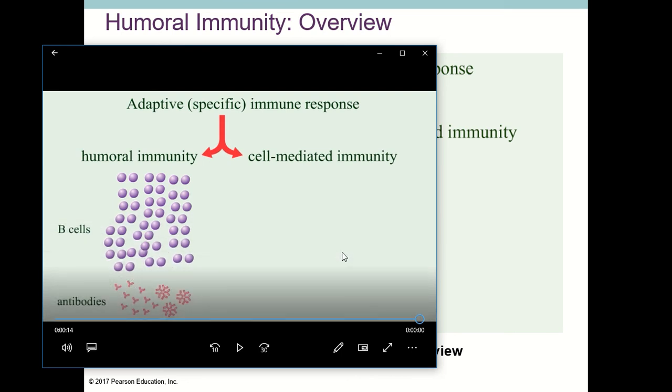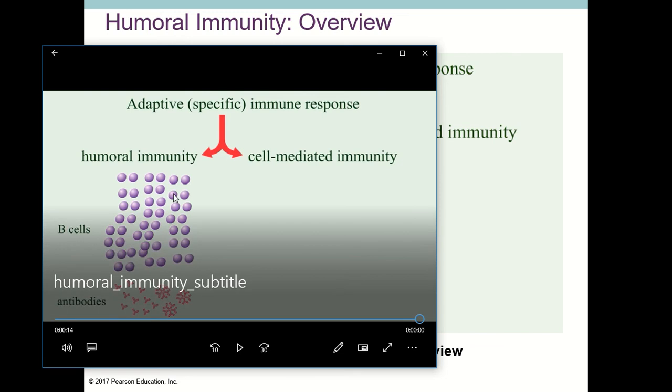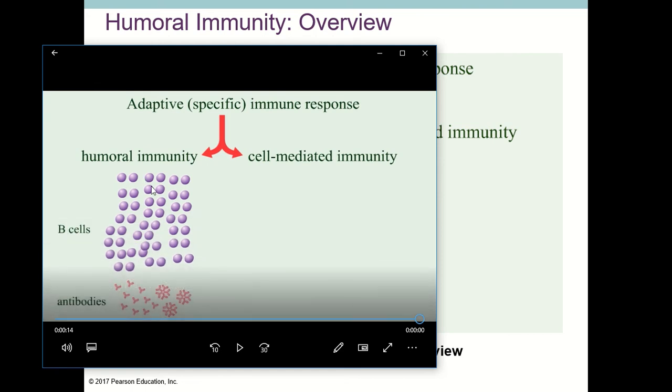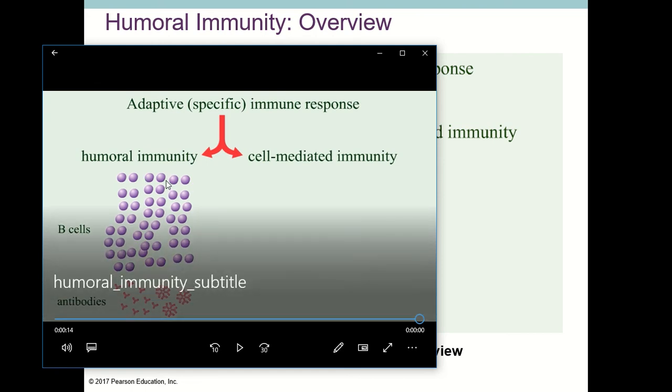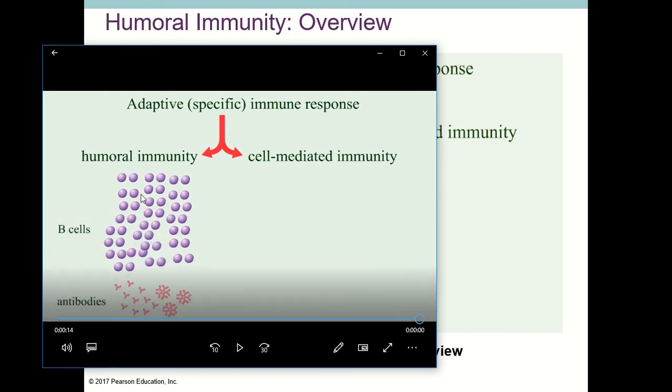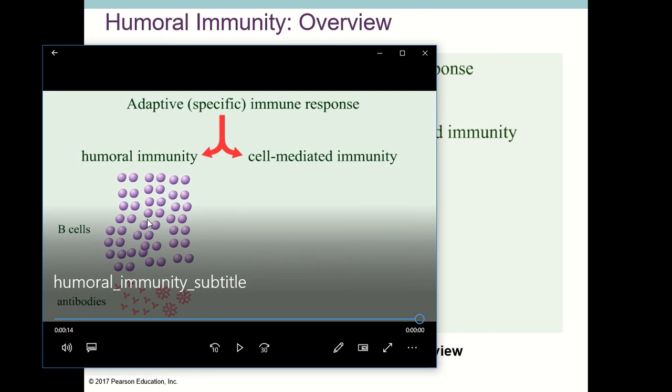One is humoral immunity, which is an antibody-mediated immunity, meaning that our cells are going to produce antibodies, mass produce them, and then those antibodies are going to find the pathogen that is infecting the body to deal with it in several manners, which I'll cover in a few minutes.